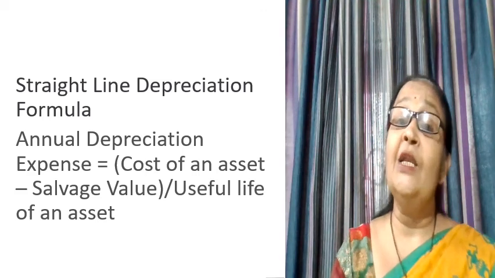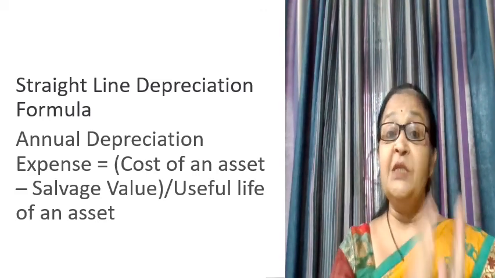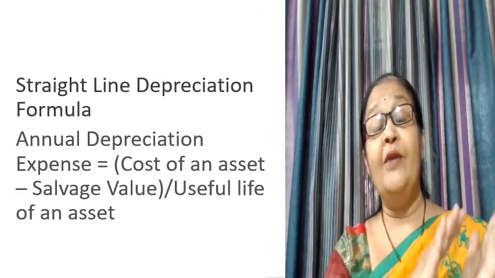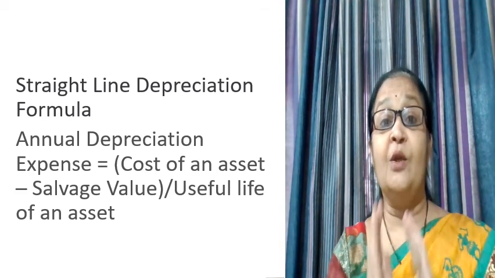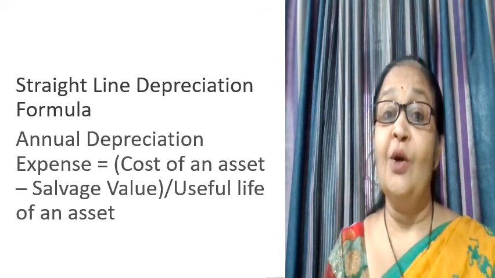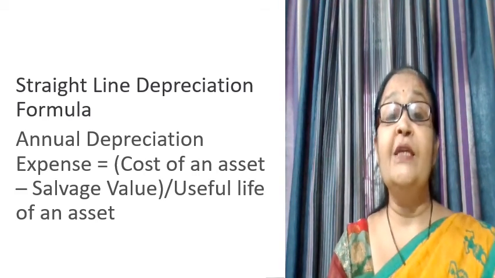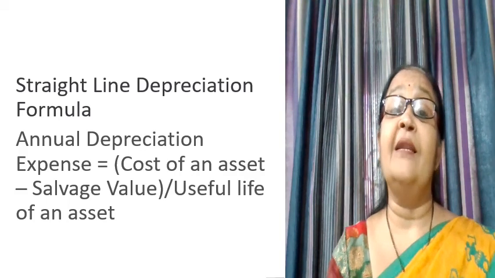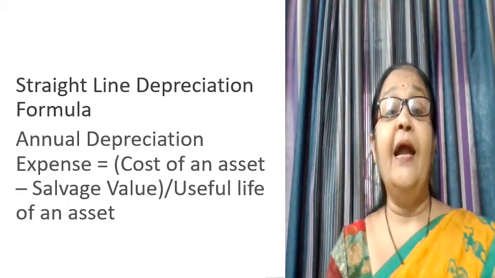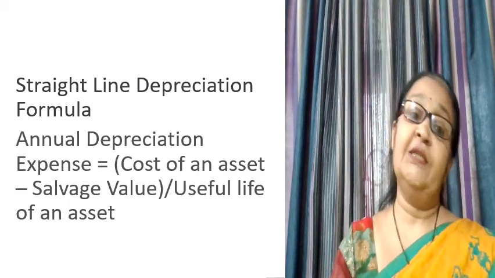It is inclusive of the purchase price of the asset along with the cost which is incurred to bring the asset to the organization, along with the erection and installation charges which are required to be incurred at the time of installation.